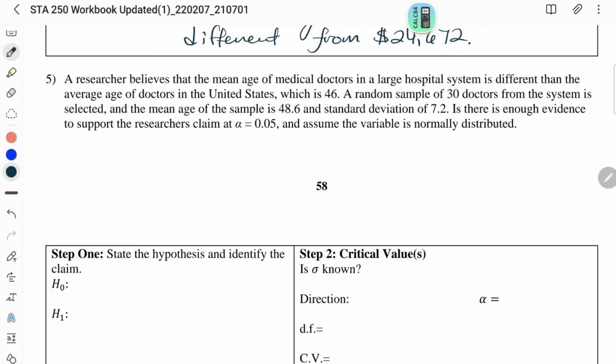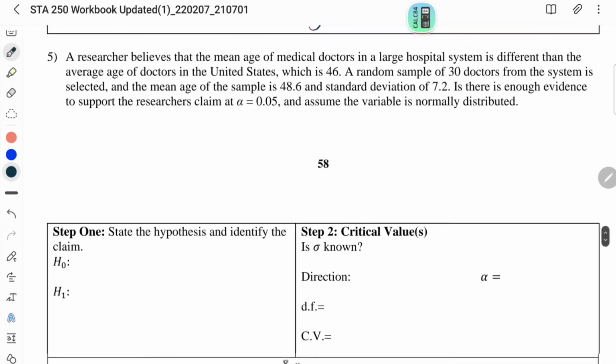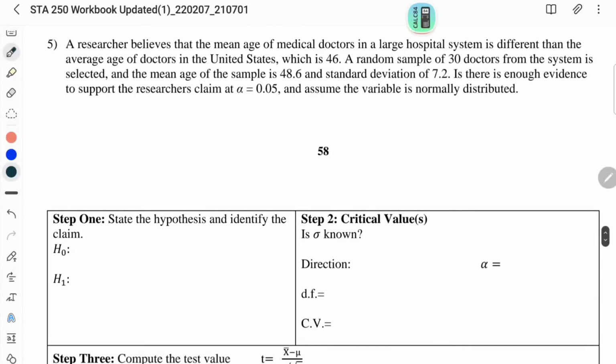Let's write our null and alternative hypothesis. Once again, the null states that there is no difference between a parameter and a specified value that represents your parameter. The parameter is mu. The alternative specifies that there is some sort of difference.